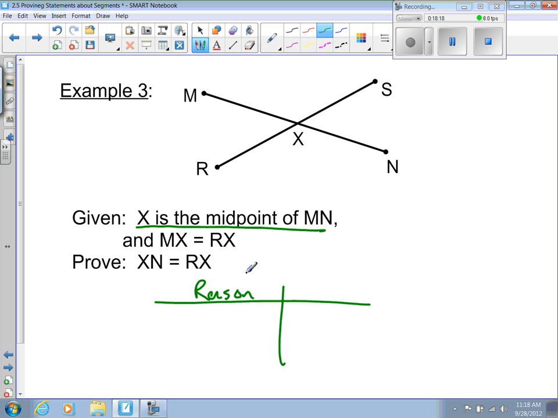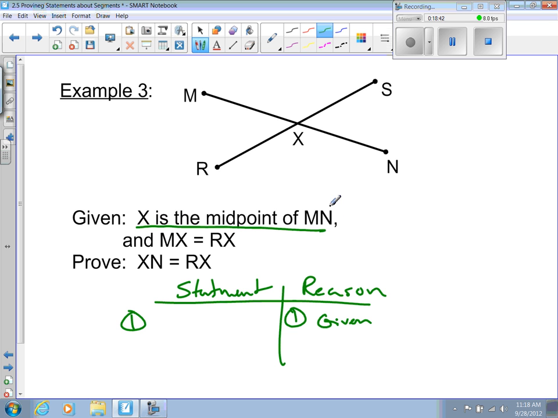Excuse me, I'm trying to hustle too much and I make mistakes. That happens. You have your statements and your reasons. Okay, so you'll have to set up some proofs on your own. And your first statement would be your givens. Sometimes you can state them all at once, or sometimes you'll break them into parts.